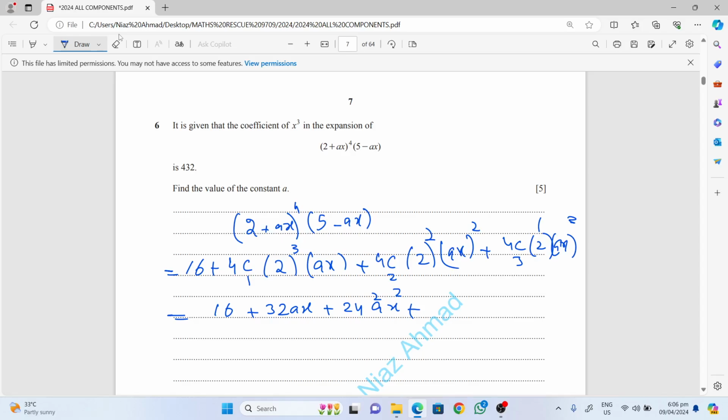So the final would be 8a cube x cube. So these are your terms.